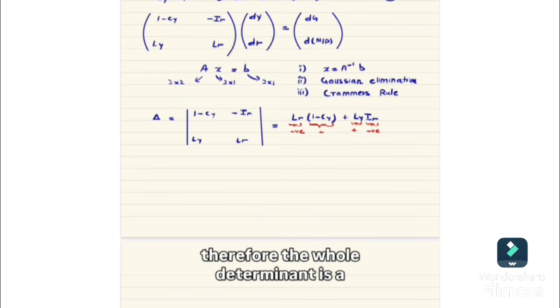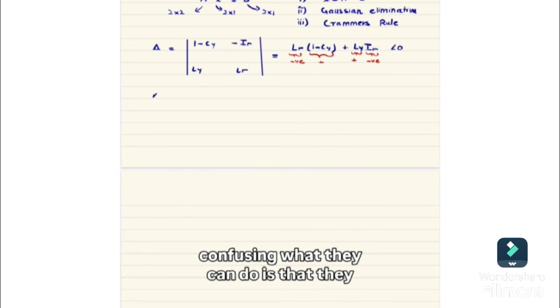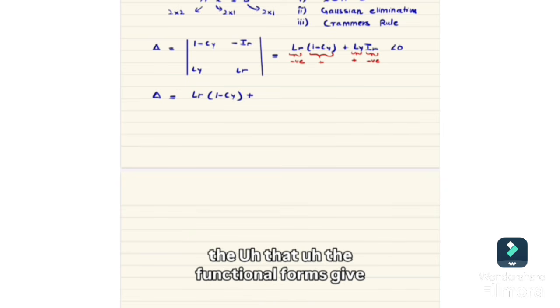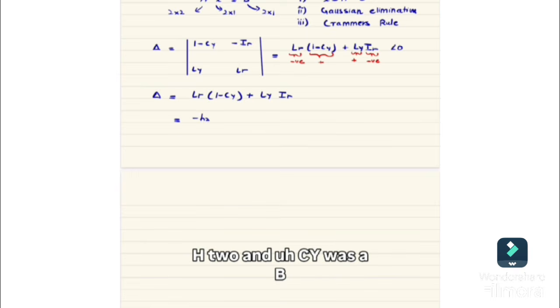If anybody finds this confusing, what they can do is substitute in the values that the functional forms give us. So for instance, Lr was a minus h2, and cy was b1 minus k, and ly was h1, and ir was a minus a.